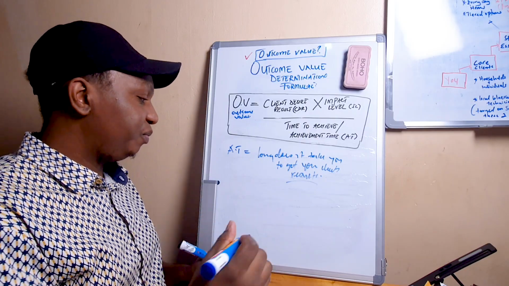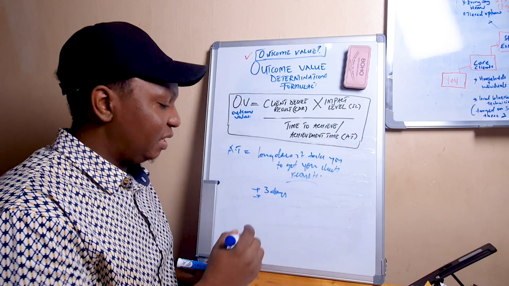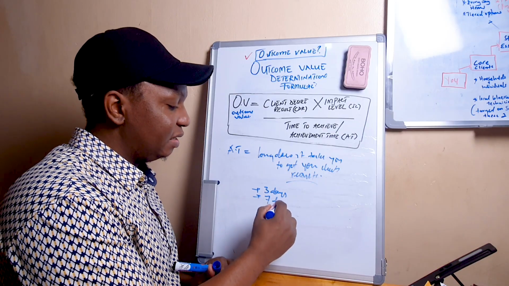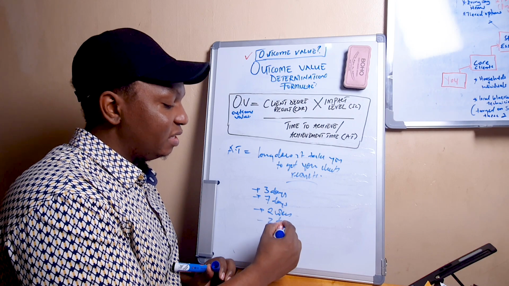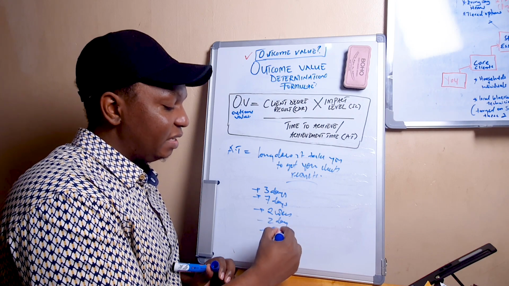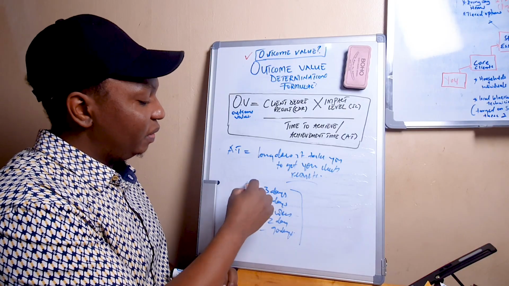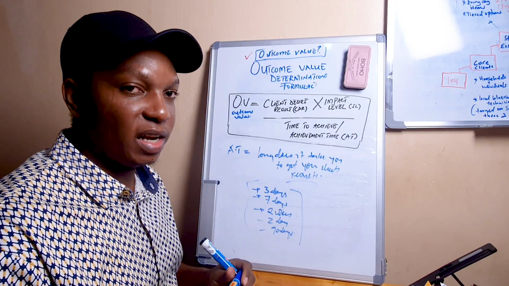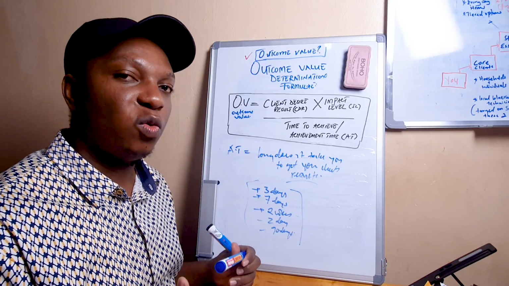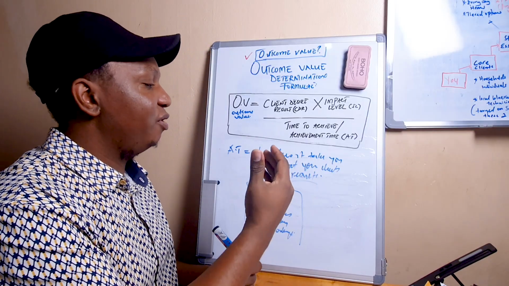Some of you might say within 3 days, others maybe 7 days, others 2 weeks, others 2 days, others 90 days. So now you get the point. This is how long it takes you as a strategist, service provider, freelancer, or consultant to get your clients their desired results.